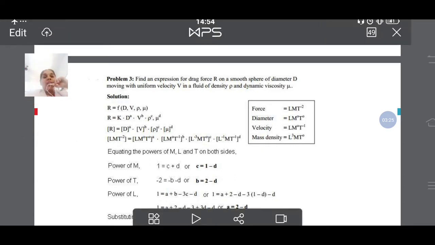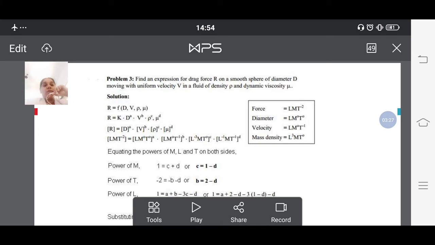Next step will be the application of dimensions to the independent and dependent factors. R means drag force. Force is equal to L into M into T power minus 2. We form this dimension from the unit of force.